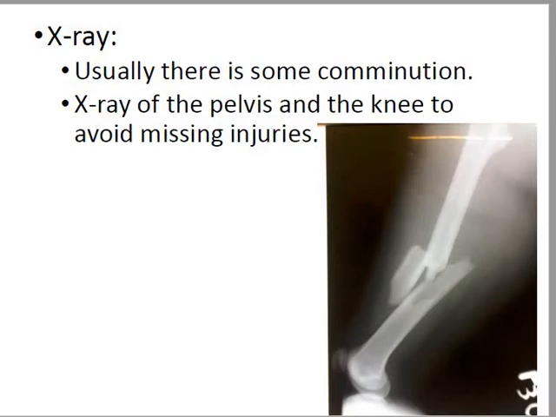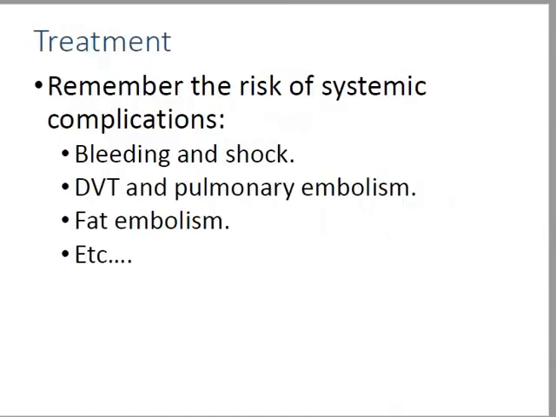Next slide. How to treat a fractured femur. Again, remember the risk of systemic complications. We have a big trauma, big bone, big muscles, and we might have bleeding and shock.